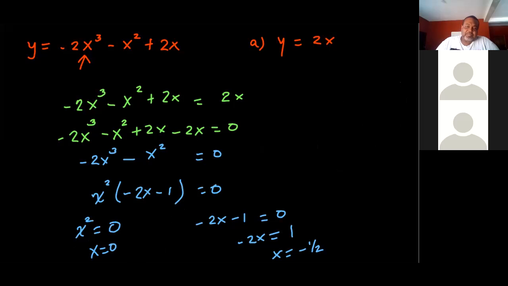So in order to find a point, we need a y value as well. Check this out. We already did y of 0, which is f of 0, right? And we got 0, but we could do it again. If you put a 0 here, this whole thing becomes 0. You put a 0 here, this whole thing becomes 0.